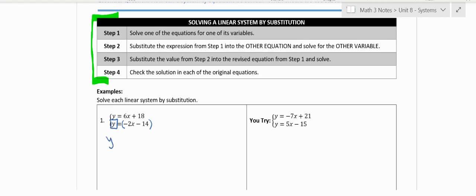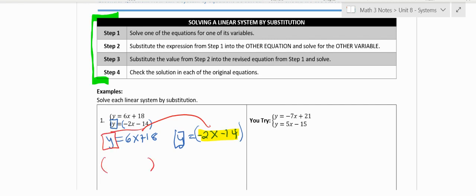So if I was to write these side by side, but you don't necessarily have to rewrite them, I'm essentially going to take this expression of negative 2x minus 14 and substitute it into the other equation. So wherever I see a y, I'm going to put that negative 2x minus 14.